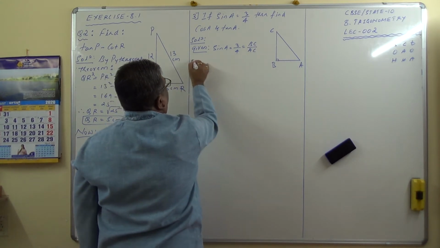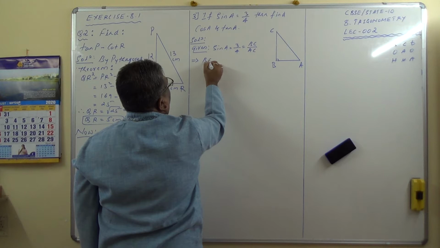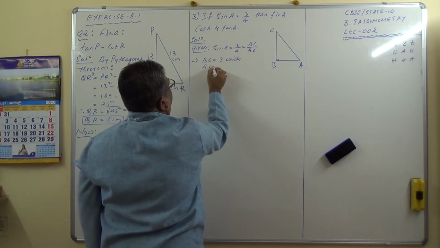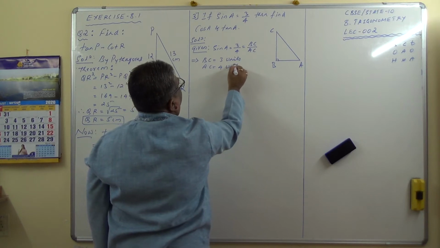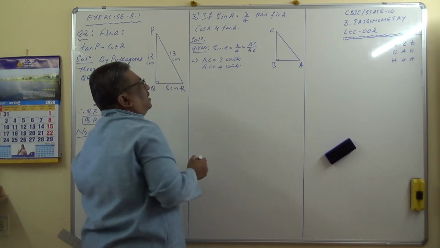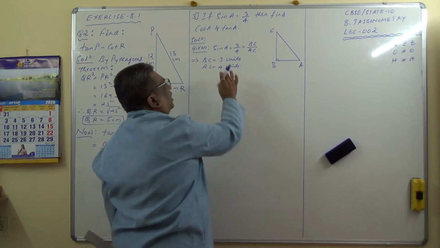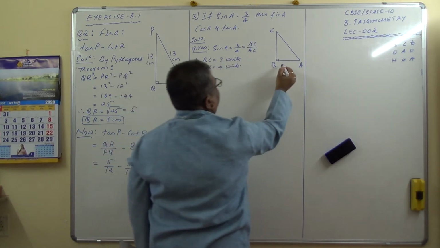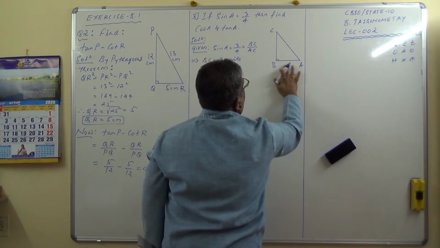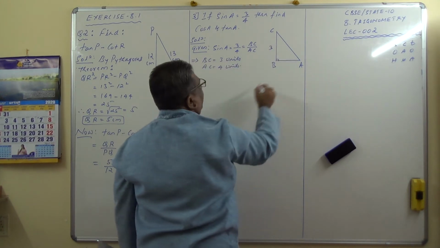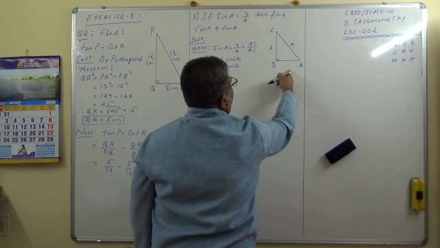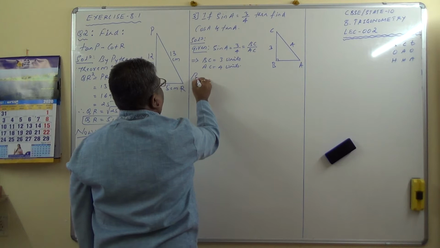Therefore BC equals 3 units, AC equals 4 units. In order to find cos and tan, let me incorporate these on the diagram and find out the third side also. BC is 3 units, AC is 4 units, and AB I need to find out by Pythagoras theorem.